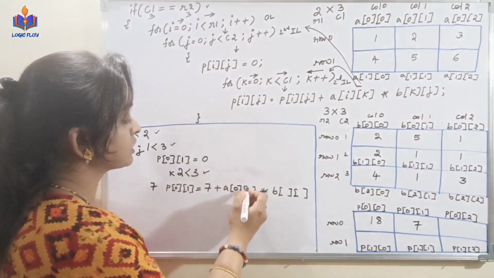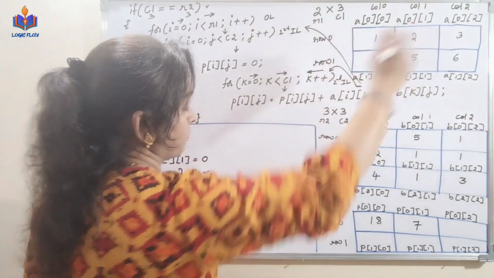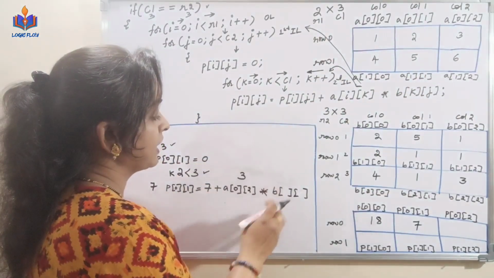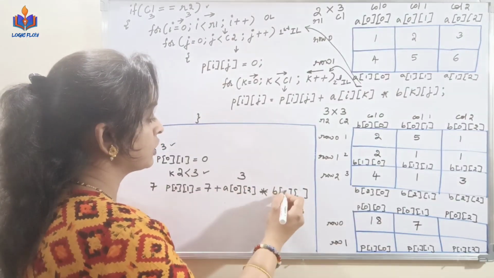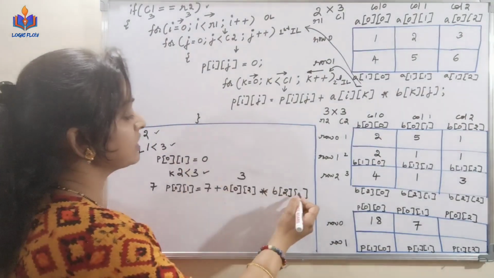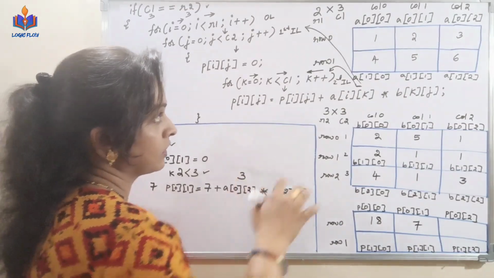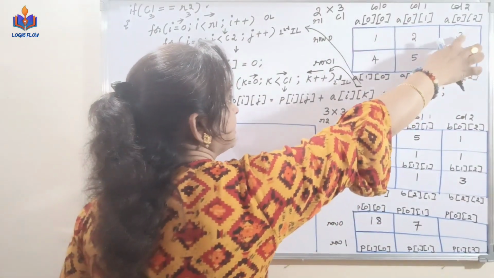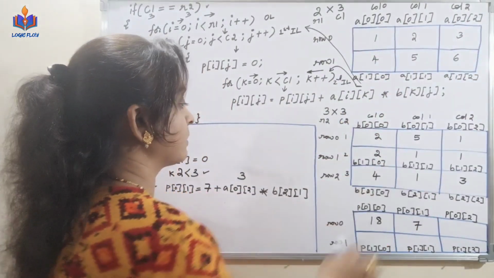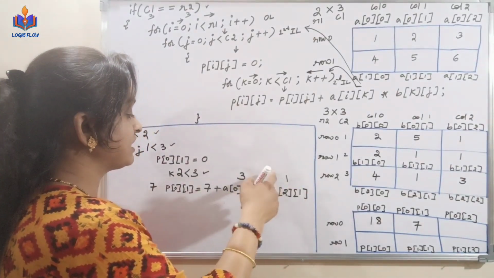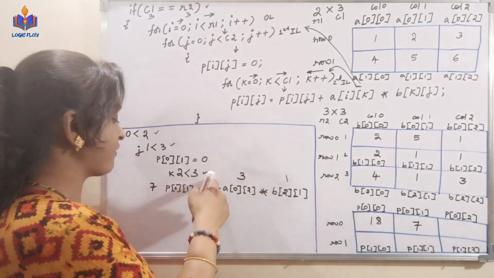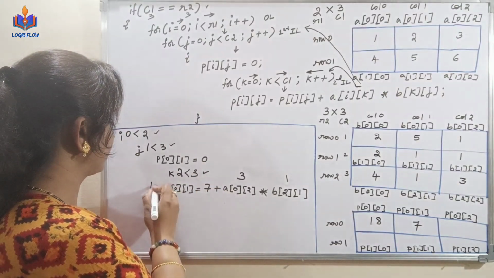K is 2, the next column, 3 into B of Kj. K is 2, J is 1. So I am calculating this value with B of 2, 1. It is 1. 3 into 1 is 3. 3 plus 7 is 10.